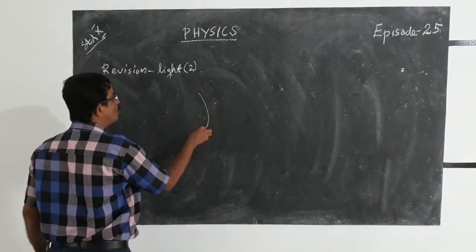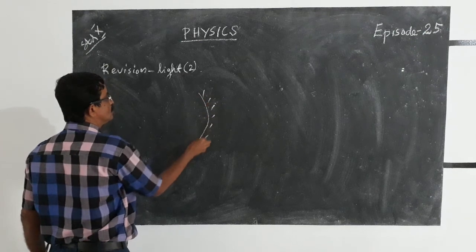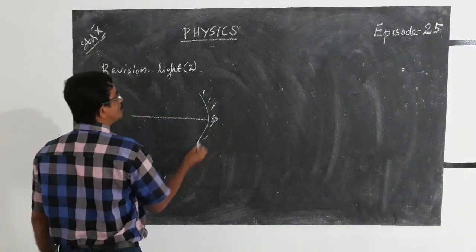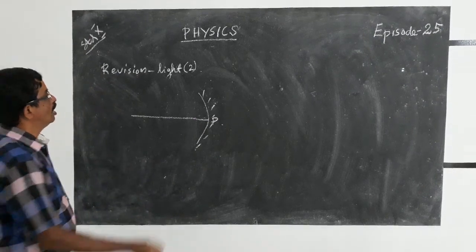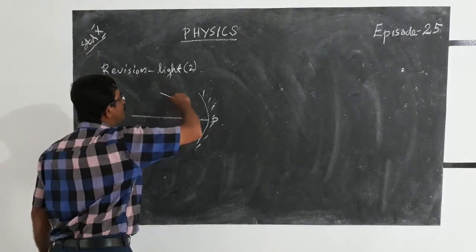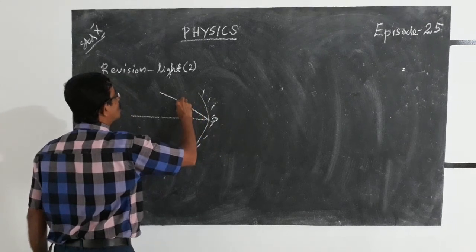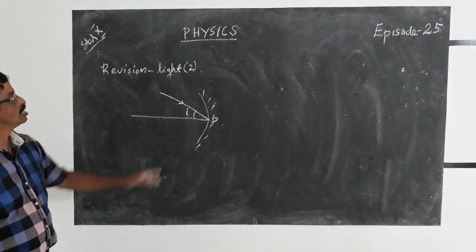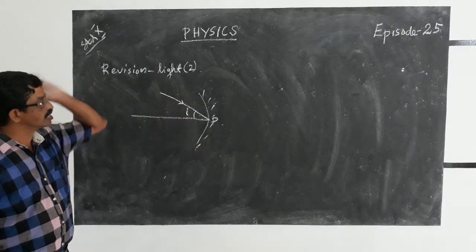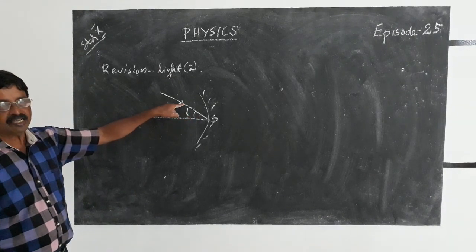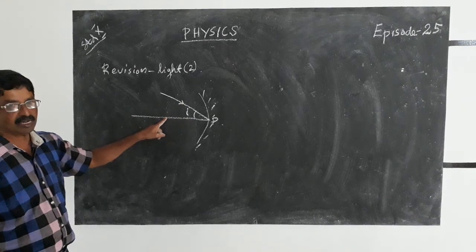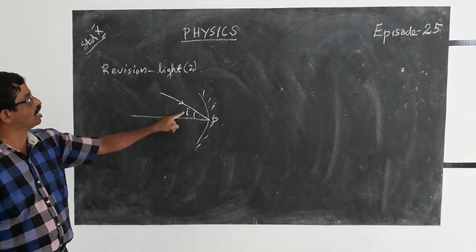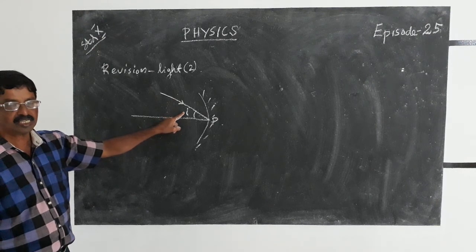In this concave mirror, this is the pole, and a ray of light is incident here at an angle, suppose this angle is I. This is the incident ray and this one is the normal. The angle between the incident ray and the normal is the angle of incidence.